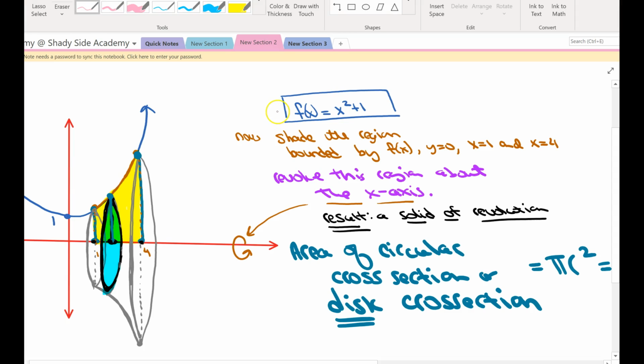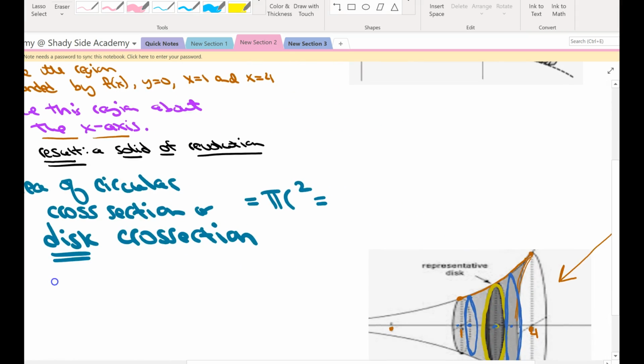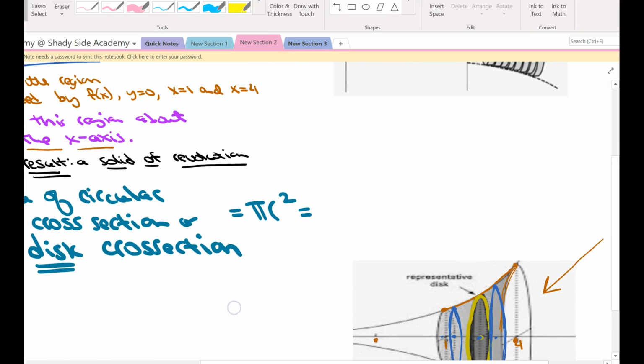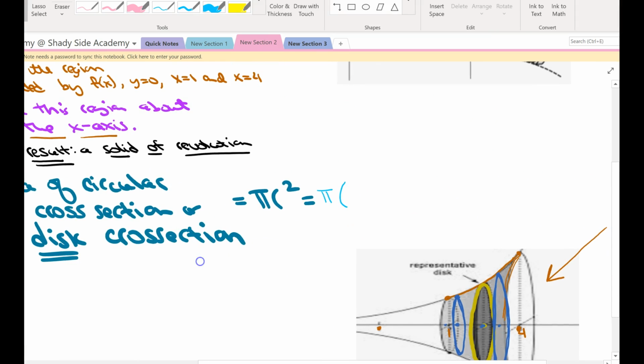Well, this curve was x squared plus 1. That makes the radius, or this varying y distance, x squared plus 1. So the area of each circular cross-section is going to be pi times the radius, and the radius is x squared plus 1, squared.